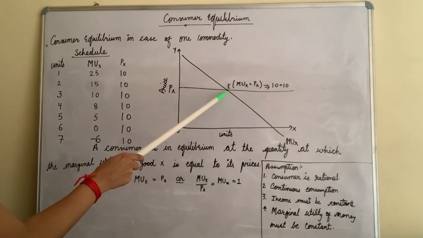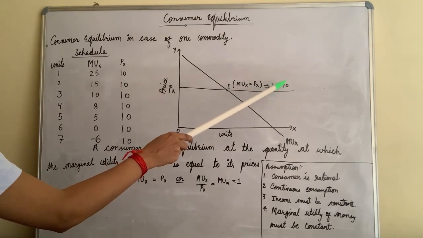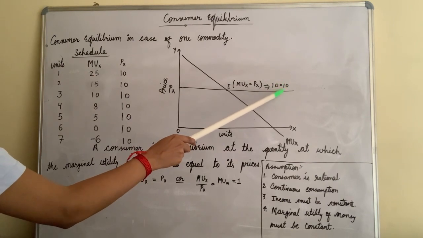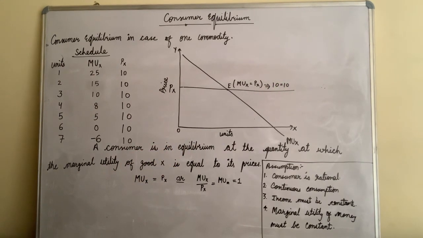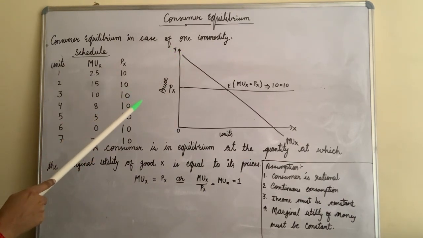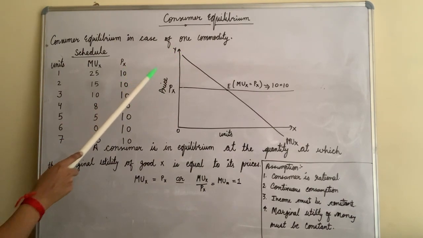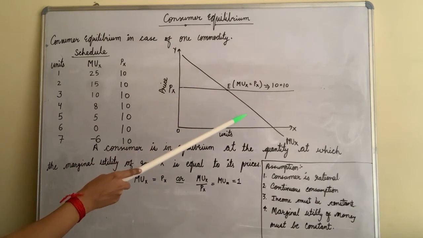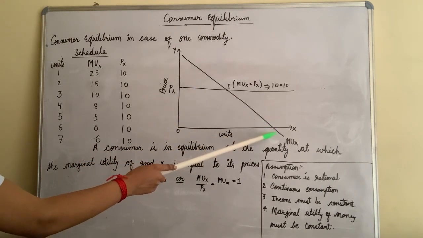The point where Px and MU meet is the equilibrium point, at which our price and the marginal utility of the good are equal. So I hope you got the meaning that marginal utility decreases onwards and also becomes negative.